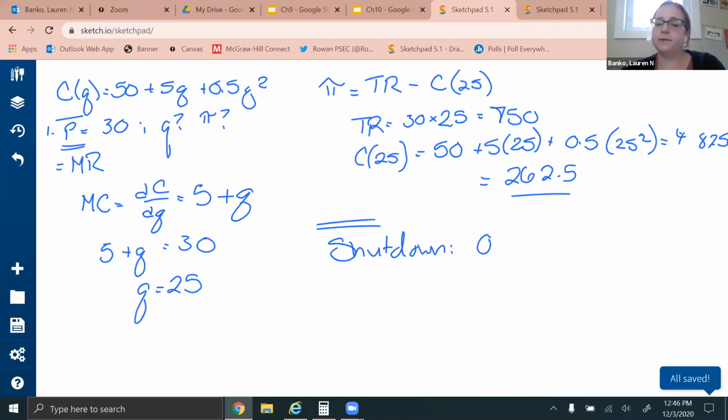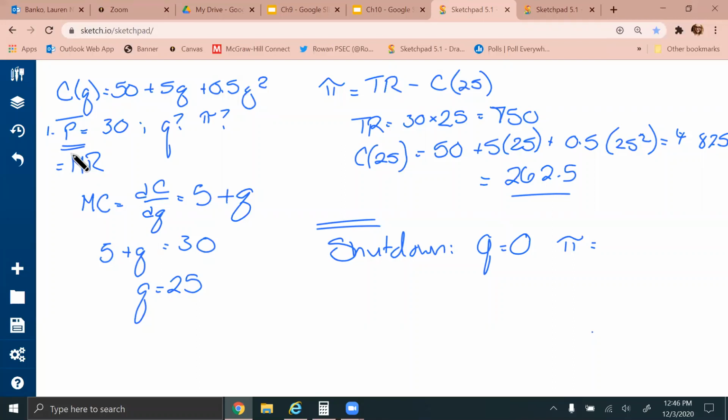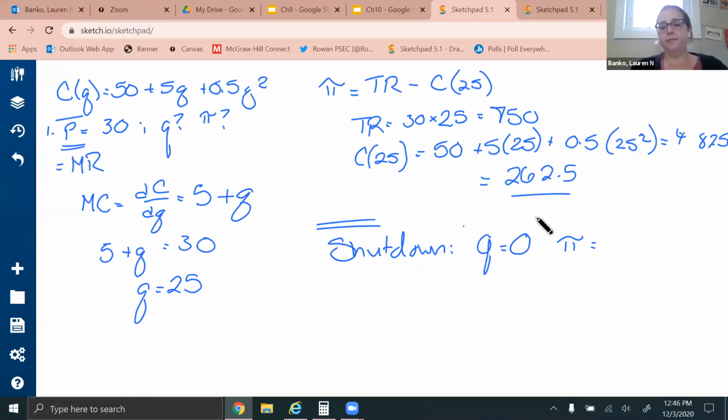Remember, that means we're producing nothing. And what's our profit if we were to shut down? Is it the negative fixed costs? Or, I don't know, am I right? No, you're right. That's good. So if we shut down, we produce nothing, so our revenue is just 0.